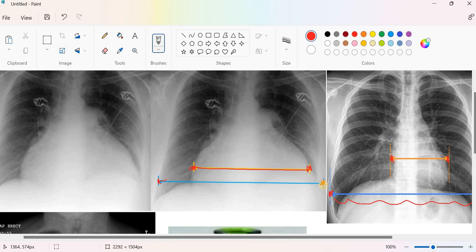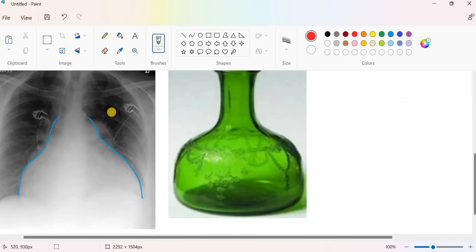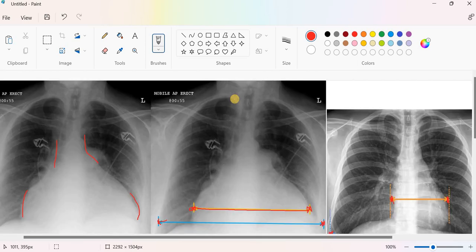The second thing is that the heart is broadest downside, very broad down and very narrow up, which gives you the bottle sign appearance. As you see here, the heart is wide down while it is narrow above. This is usually due to pericardial effusion, which might be transudate, exudate, blood, or lymph.